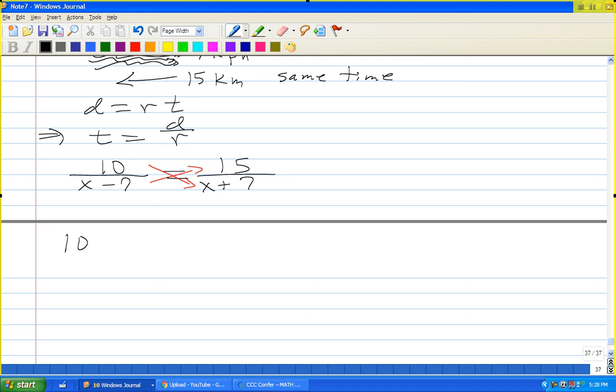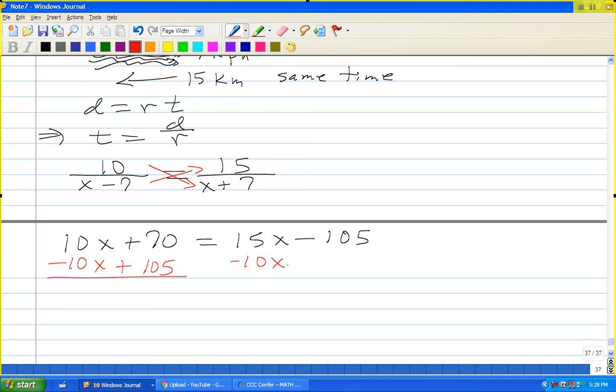So I get 10x plus 70 is equal to 15x minus 105. Subtract 10x, add 105 to both sides of the equation. So 175 is equal to 5x.